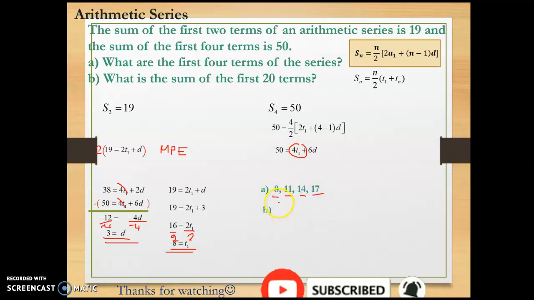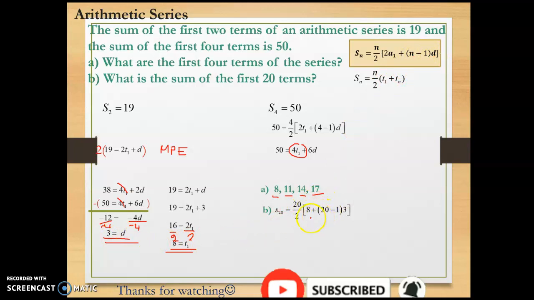And then what is the sum of the first 20 terms? Okay, the same method, since you don't know the last term, the same formula will be used. So your n is 20, your first term is a sub 1, which is 8, and the difference is the same, 3.